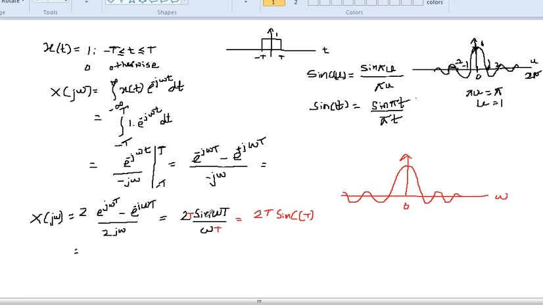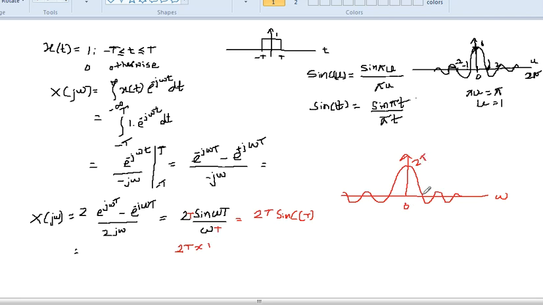We need to look at this equation. When omega is equal to 0, the value taken by the signal is 2t, because this term goes to 0, or we can even write it by the L'Hospital rule. So this is into 1, so the value taken at omega equal to 0 is 2 into t.